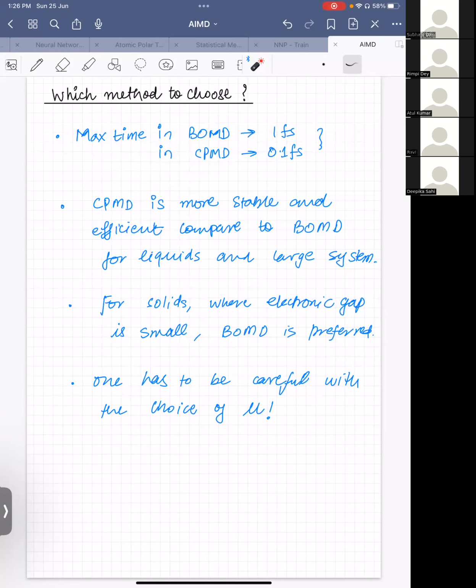So I think their conservation is much more stable compared to CPMD. But it also depends on the time step of Born-Oppenheimer molecular dynamics. Yeah, it also depends.